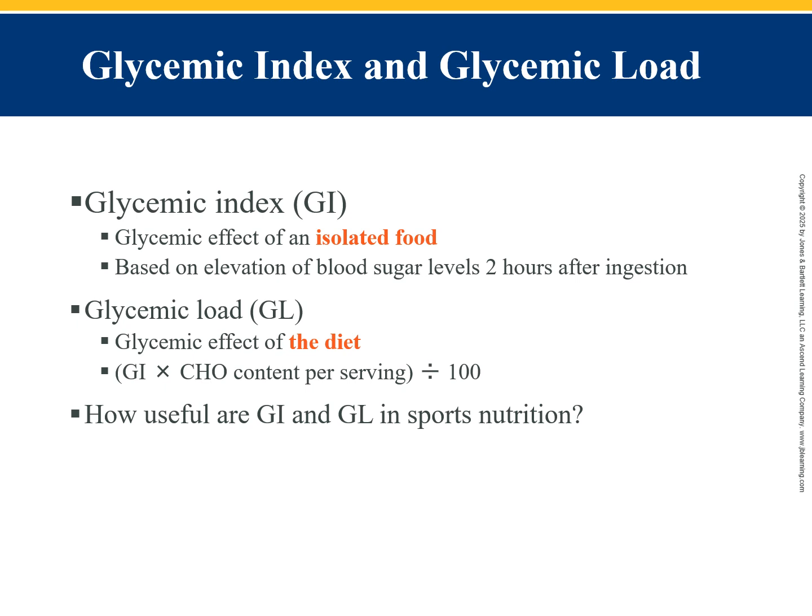So the reference is a slice of white bread, and everything's compared to what happens if you eat the same, I think it's 50 grams of a food, a specific amount. How does the blood glucose change over a 2-hour period?